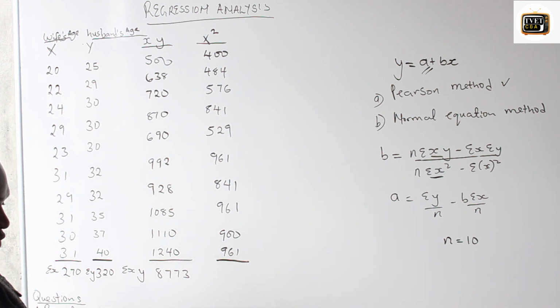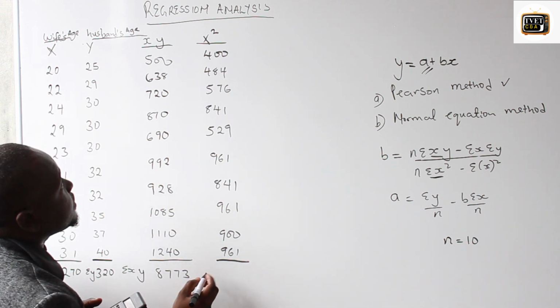Begin with your calculator so as not to skip any figure. 400 plus 484 plus 576 plus 841 plus 529 plus 961 plus 841 plus 961, then plus 900, and finally you add 961.